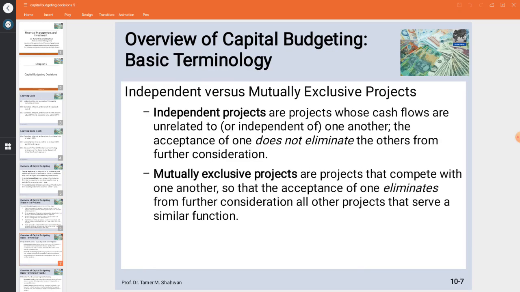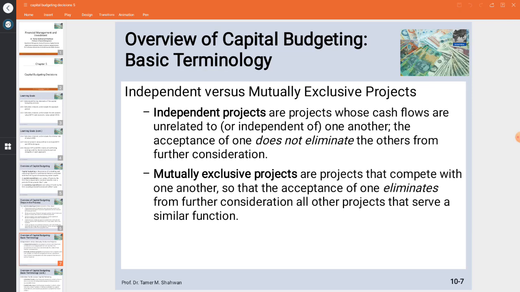Also, before we start explaining the techniques, you must be aware of the following concepts. In general, we have 2 types of projects. We have independent projects, and we have mutually exclusive projects. What is the main difference between them? Independent projects refer to projects whose cash flows are unrelated to one another.